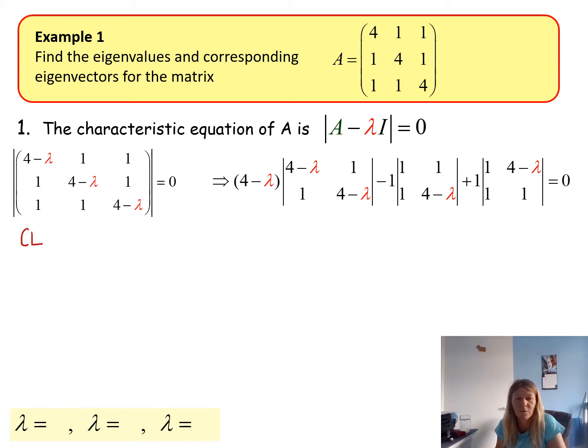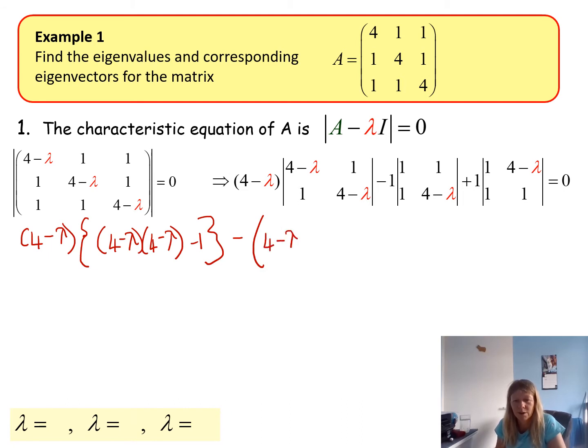So we've got 4 take lambda, and then a big bracket. What would happen there? It will be 4 take lambda, 4 take lambda, minus 1, wouldn't it? And this one, minus 1, put a big bracket. 1 times, so 4 times that, take away 1.